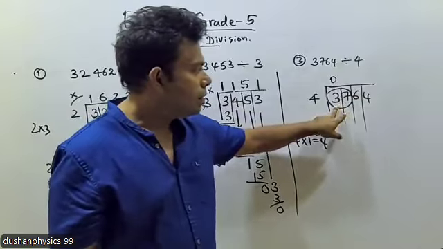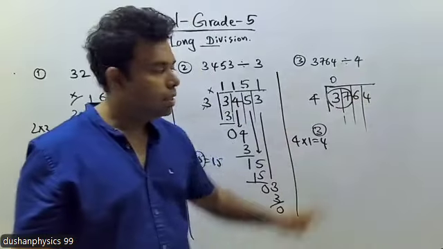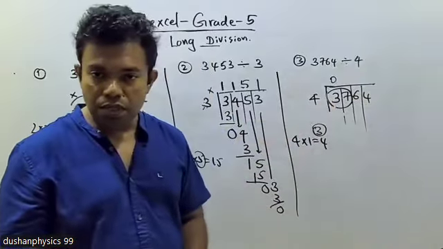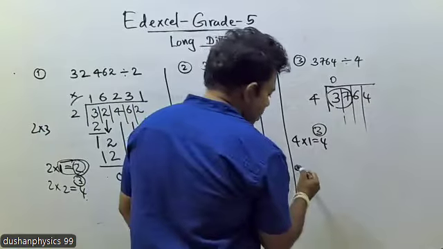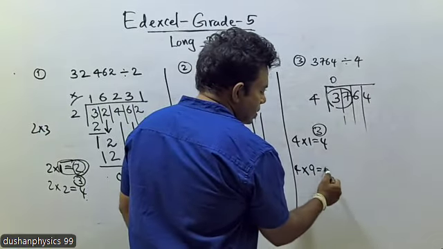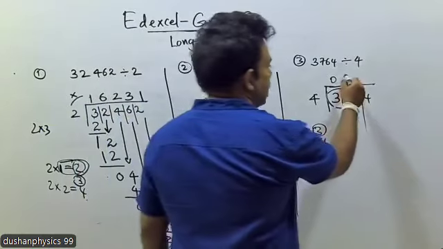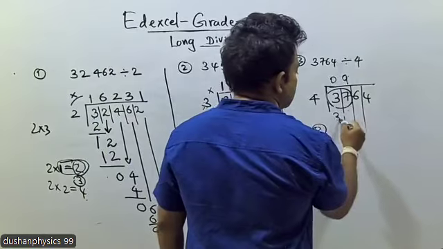Now I have to consider not 3 but 37. In 37, how many fours are there? In the multiplication table, 4 times 9 is 36. So I write 9 here. 4 times 9 is 36.